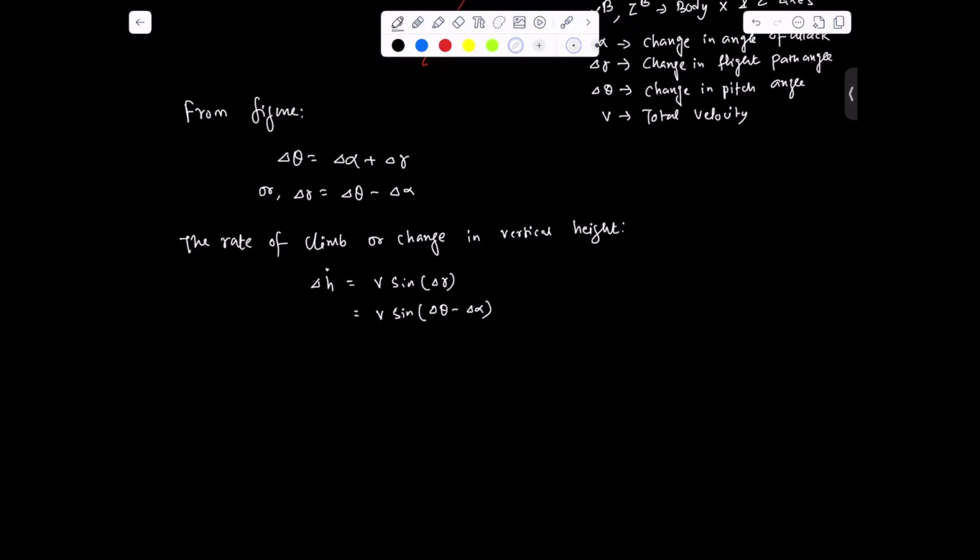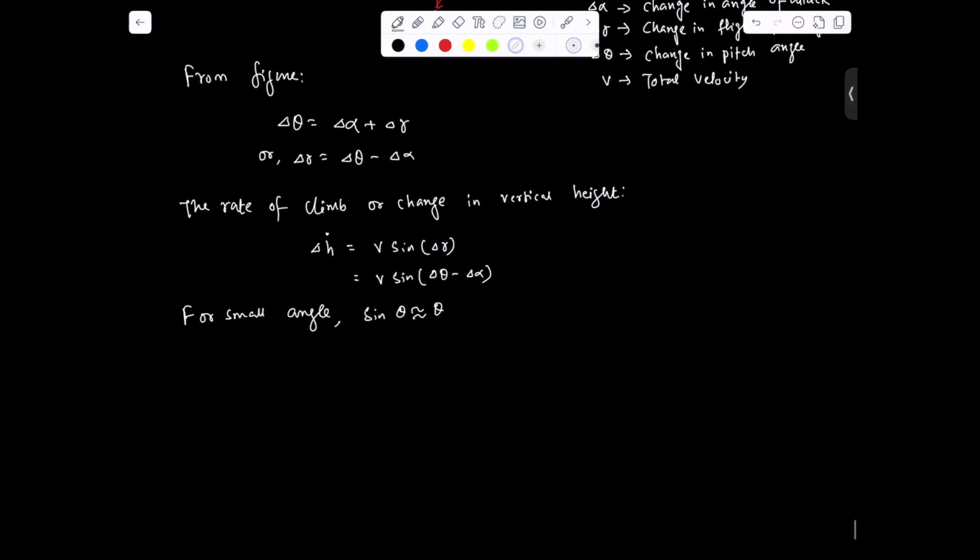And also let's have an assumption for small angle approximation. For small angles we can write sine theta is equivalent to theta.